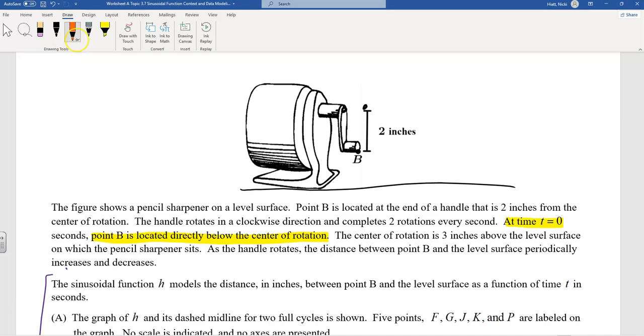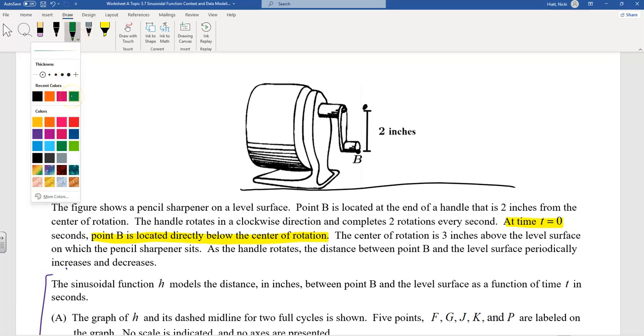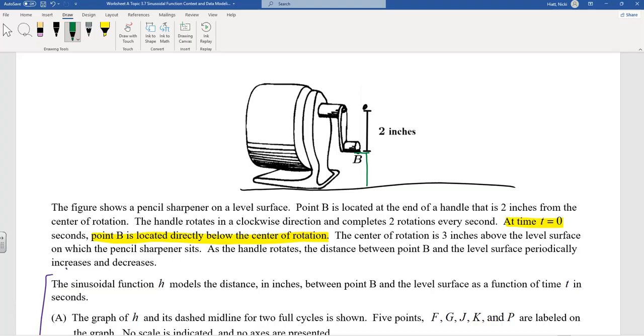Whenever the handle is at its lowest point, how far off of that flat surface, which is not very flat because I drew it badly, are we? Well, actually, no. What does it tell you is 3 inches above the level surface?